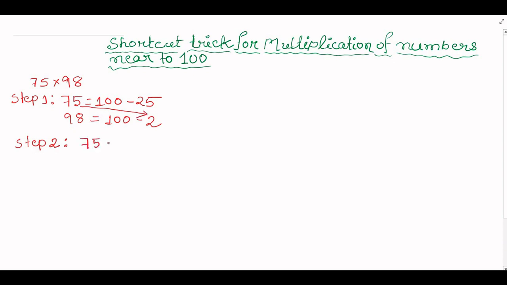So 75 minus 2, then we will get 73, or you can subtract 98 minus 25, then also we will get 73. Sorry, I had written 78 here, it will be 73.